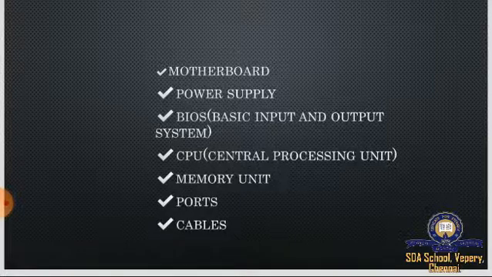Second is power supply. Power supply is mainly utilized by CPU and by motors in various drives. The power supply basically holds transformer, voltage control and fan. Next is BIOS, that is basic input and output system.